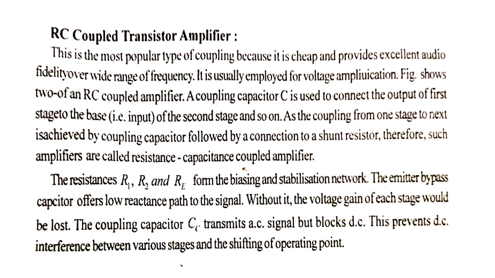To achieve faithful amplification, the following conditions are needed: proper zero signal collector current, proper minimum base emitter voltage at any instant, and proper minimum collector emitter voltage at any instant.